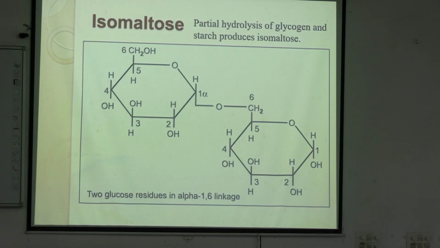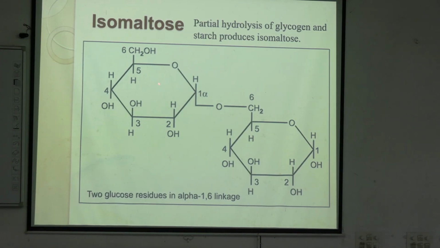Clear? Okay. Now isomaltose. Isomaltose is a partial hydrolysis product of glycogen and starch. Why? Because glycogen and starch both contain branched chain polysaccharides. Right? In case of a straight chain, it is always alpha 1,4. In case of branching, it becomes alpha 1,6.